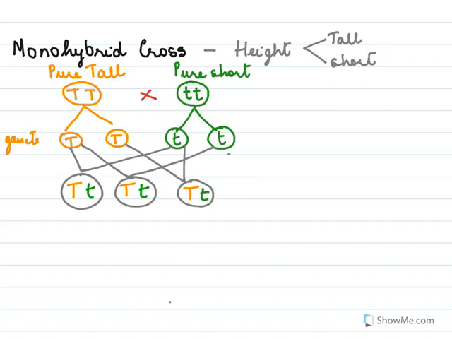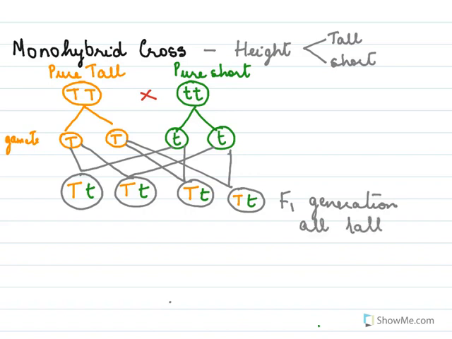And last, we would have again the same gamete cross with the second one, and now we would have tall and short. This was called the F1 generation. And in the F1 generation, he found that all the plants were tall.